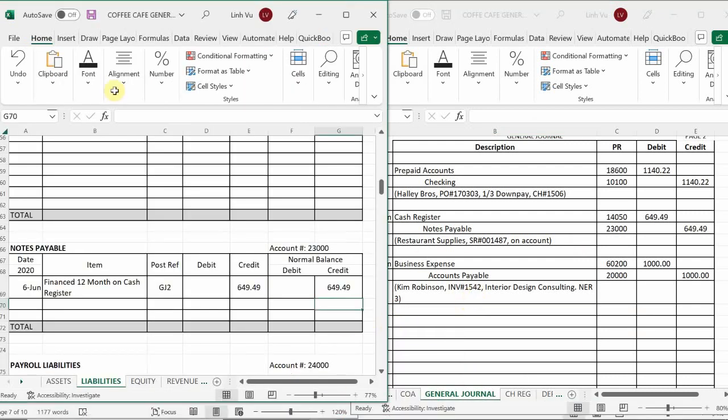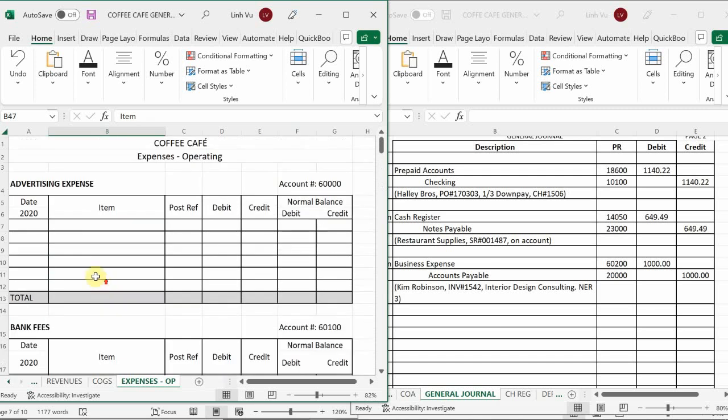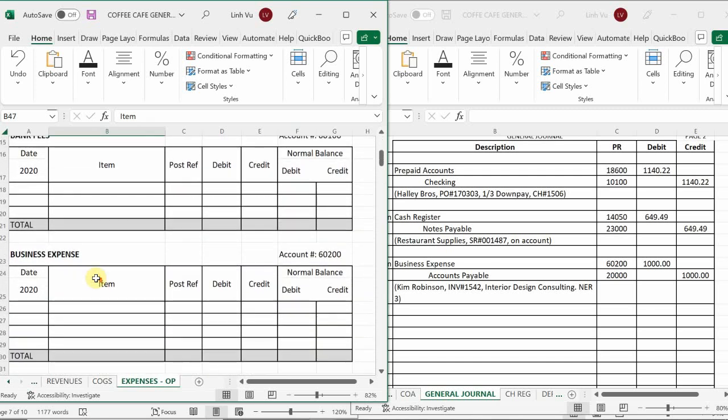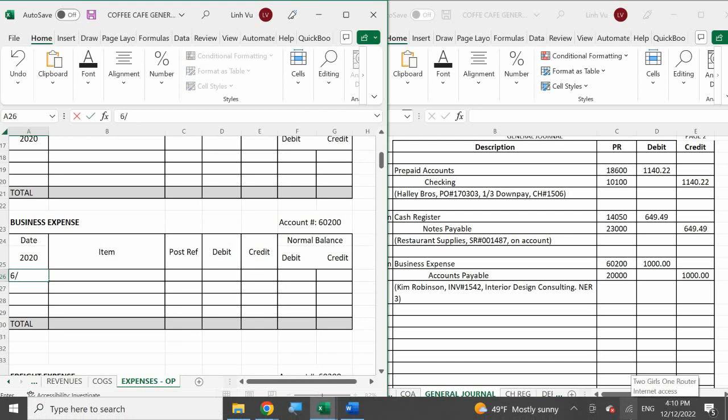So my ledger is going to be that we have an expense, right? We did some business expenses. Okay, here's a business expense. On the 7th, we got some interior design consultation.